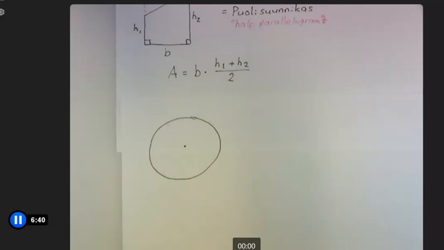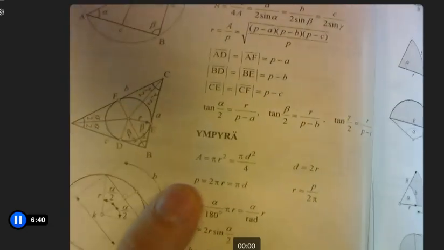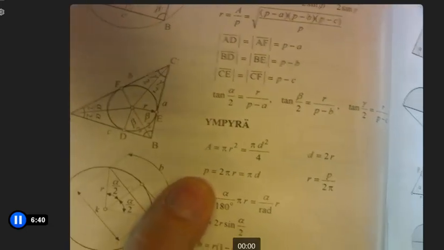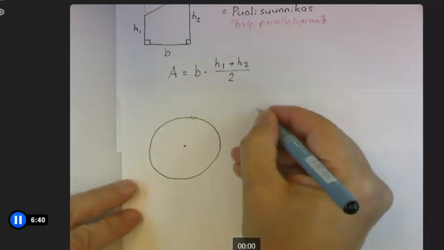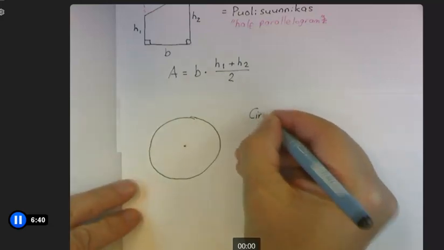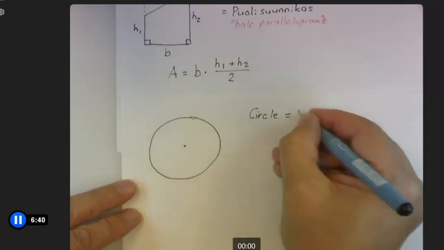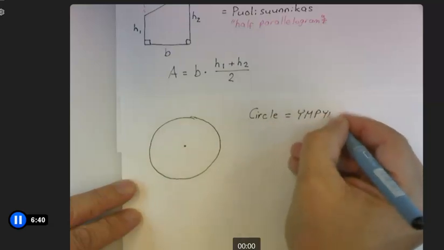Pyöreä is round and pyöriä is to roll. But the figure in Finnish is ympyrä. Circle. Ympyrä.